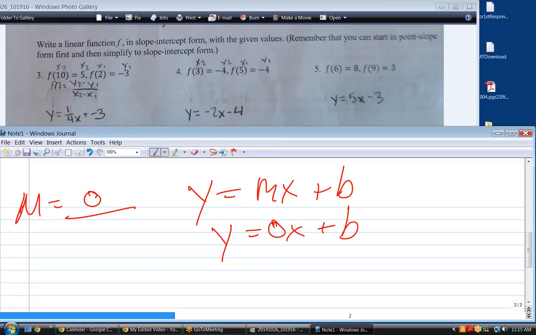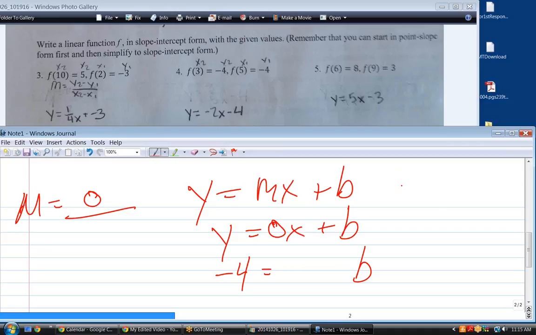So we got -4 equals 0 times 5 plus b. So what's b equal to? -4 is equal to 0 plus b. That term goes away, so we got b equal -4.